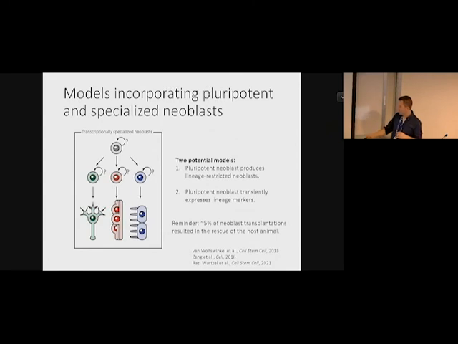And a reminder: only about 5% of this neoblast transplantation resulted in the rescue of the host animal. You could use this number to justify why either one of the models is the right one. So we'll need a different manner to test which model is correct.